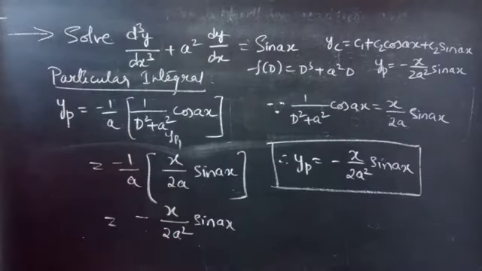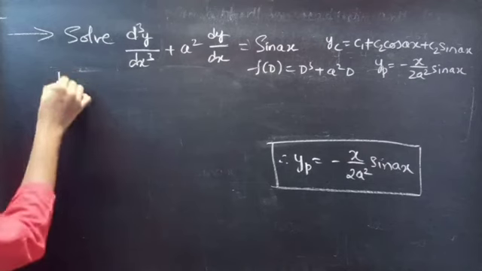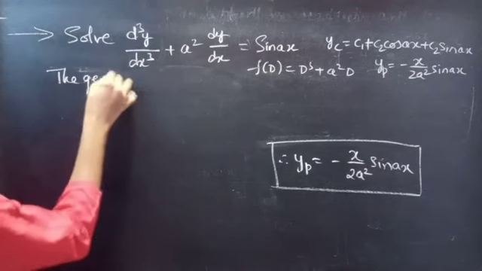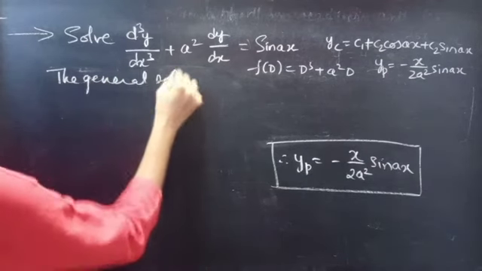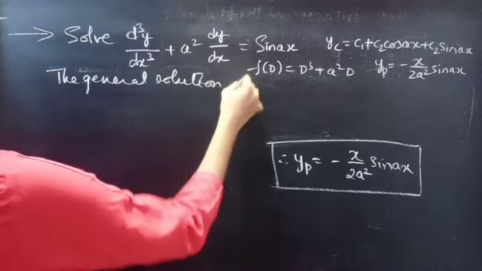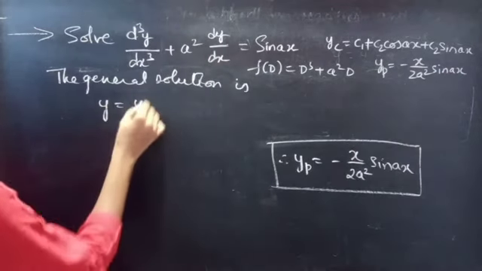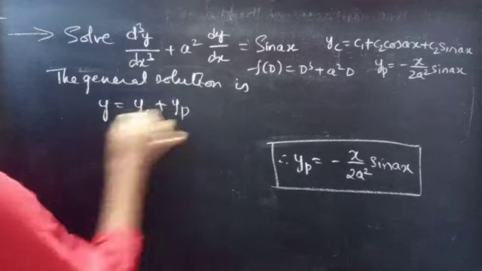Now we can write the general solution. The general solution is given by y equals yc plus yp.